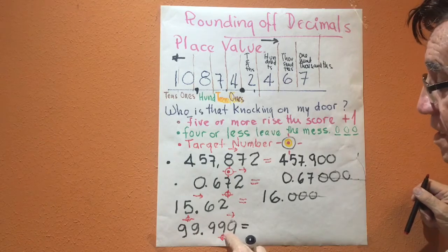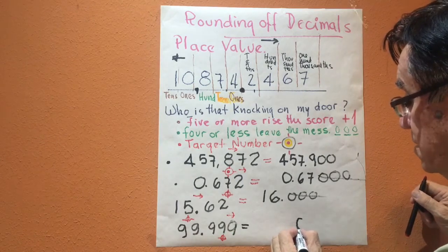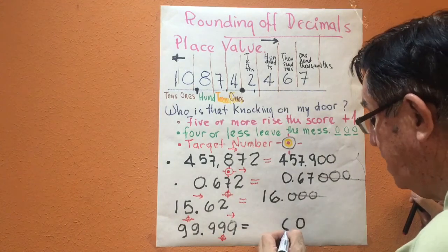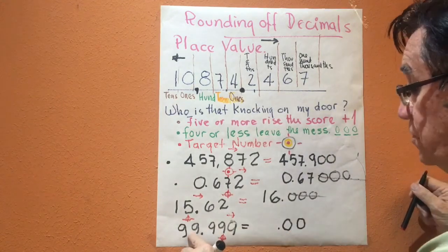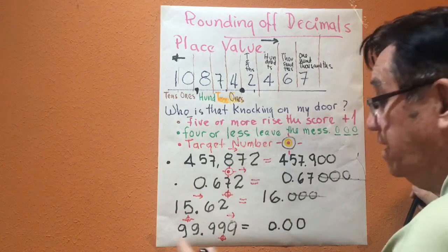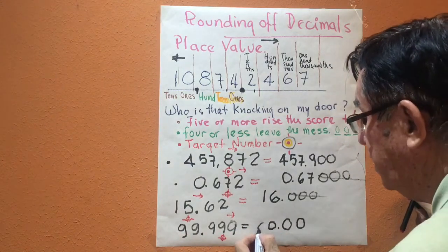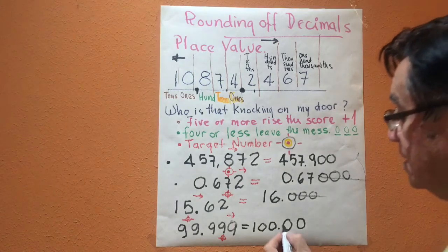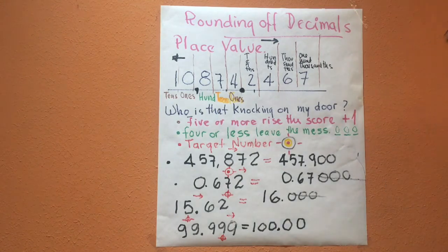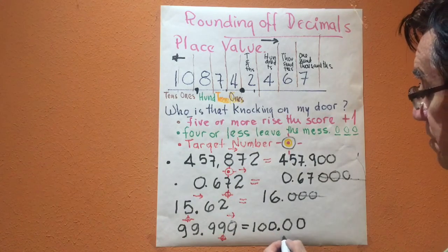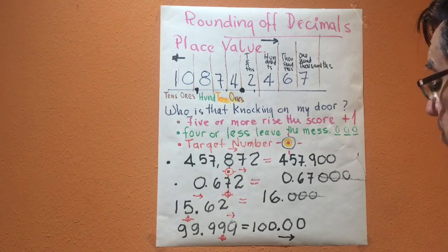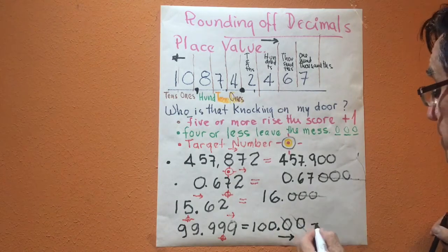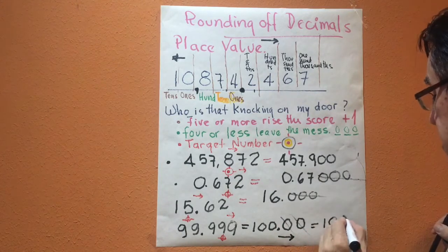That means that this is going to be 10, and this is going to be 10, and this is going to be 10, and this is going to be 10. So look how my number has changed. So you have to be very careful. If there's a decimal point, remember, zeros to the right of the decimal point don't make sense. So the answer will be, in this case, 100.